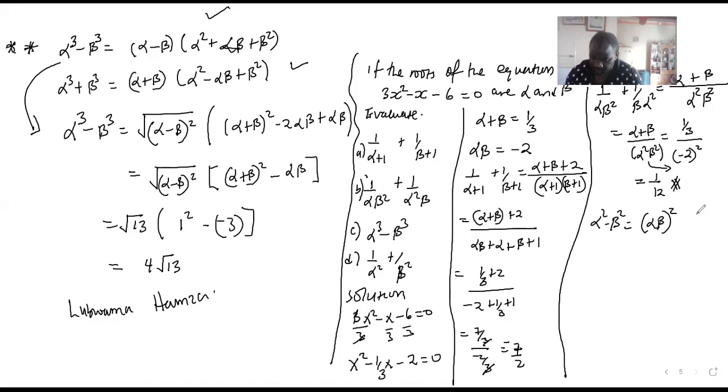Say question. I did positive a third instead of negative a third. How did I get negative a third? Yes, you know that we derived this. This was negative a third. You see that? Yes, sir.